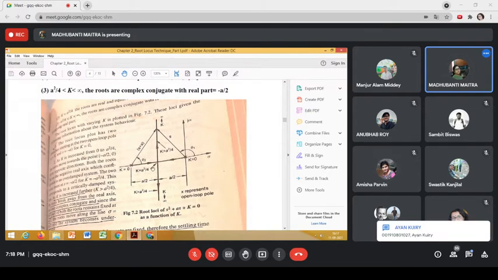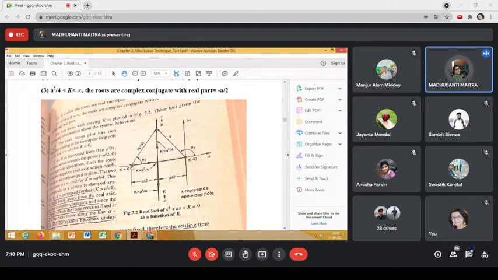Yes. And this root, what will happen to this root? As k is increasing, this root will remain within that particular range. This root will remain real, but will start being less negative. You get this? Yes.